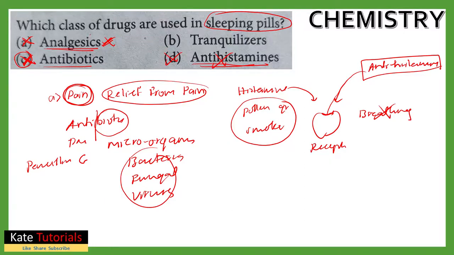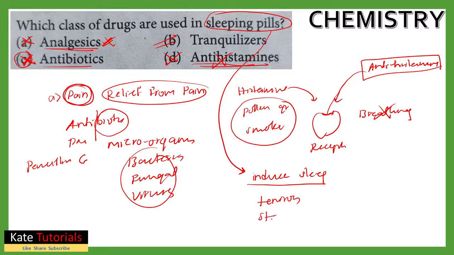So the class of drugs used for sleeping pills are tranquilizers. The sleeping pills, if I want to mention clearly, we call barbiturates, which induce sleep in a person, because so many people, because of tension or stress, won't get any sleep.